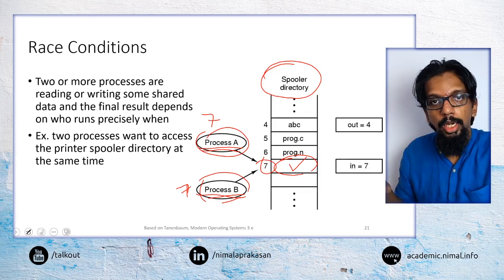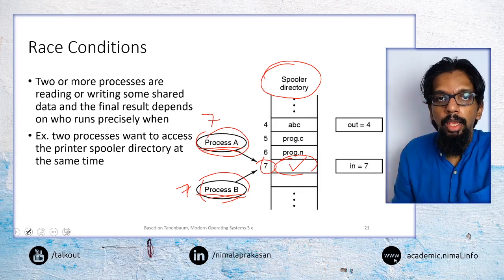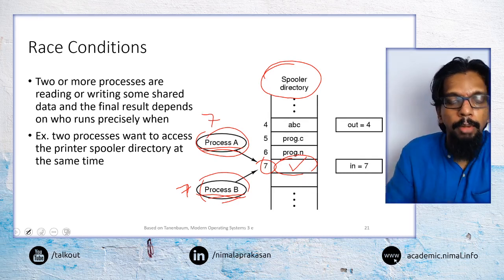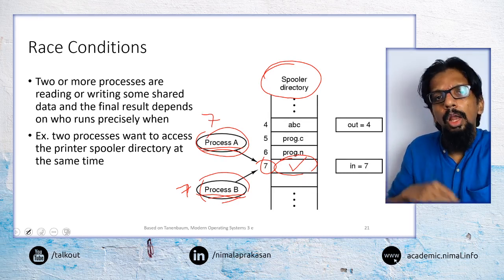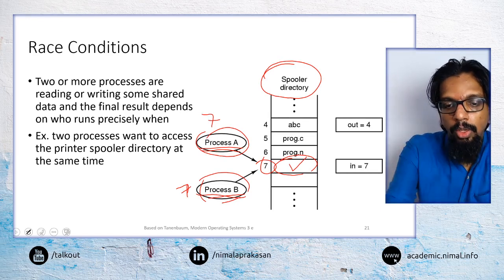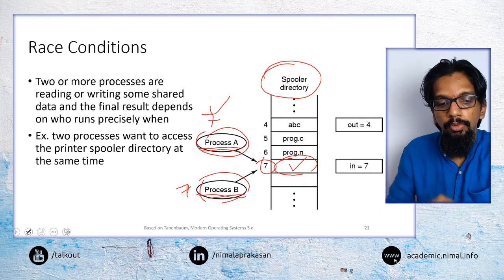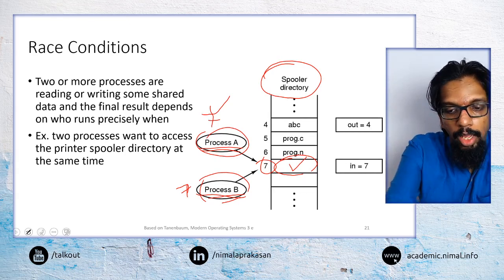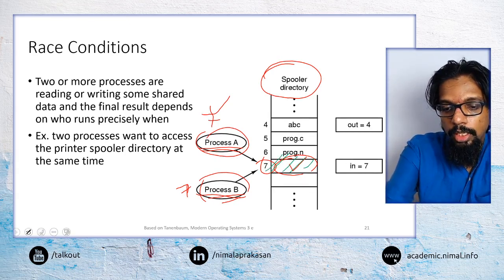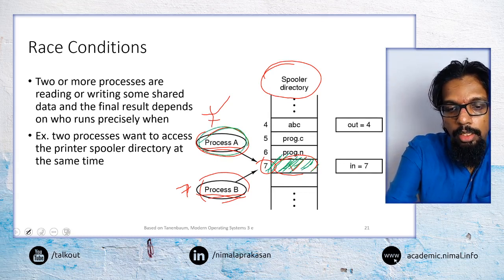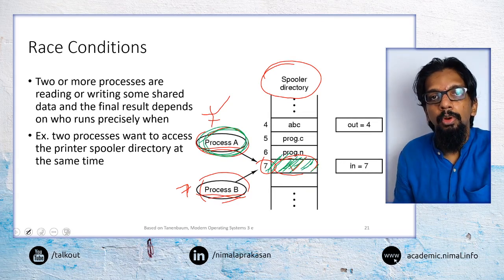Process B goes to ready state and process A comes back to running state. Process A will now think, okay, now I can continue writing. I already know I can store that in 7. And process A will go and store that information in 7. So now 7 is occupied by whatever information came from process A.